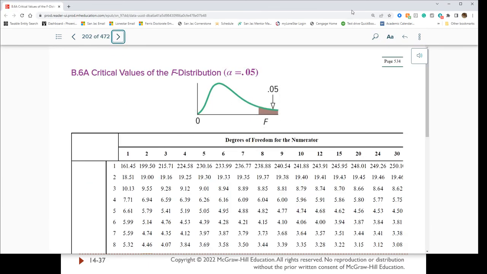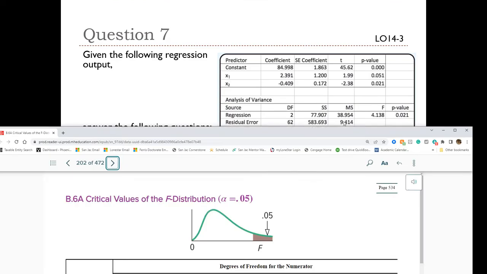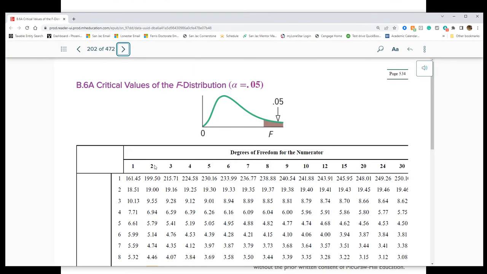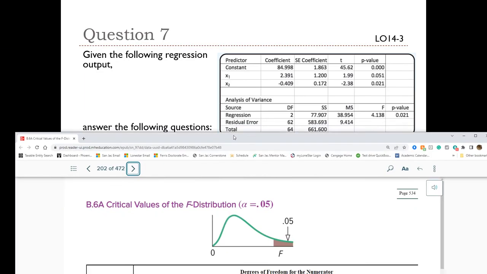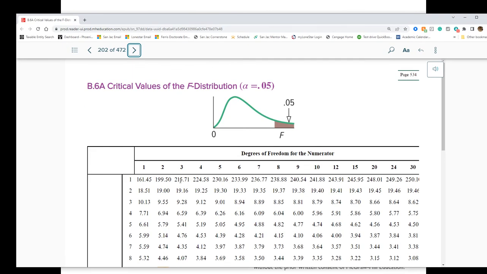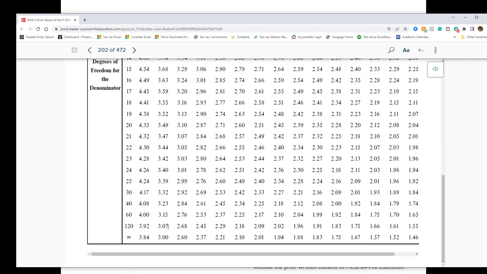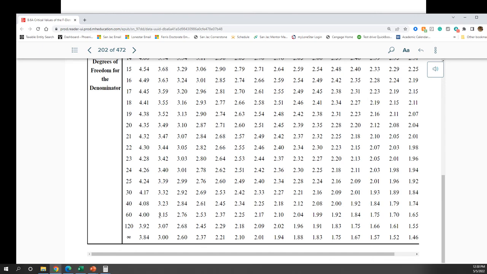And here's our F distribution. Again, they're going to use 0.05 a lot since that's our table. Remember, our degrees of freedom here are 2 and 62. We're going to use 2, and we're going to find 62, which is close enough to 60. That's where our chart ends; there's not a significant value beyond that till we hit 120.